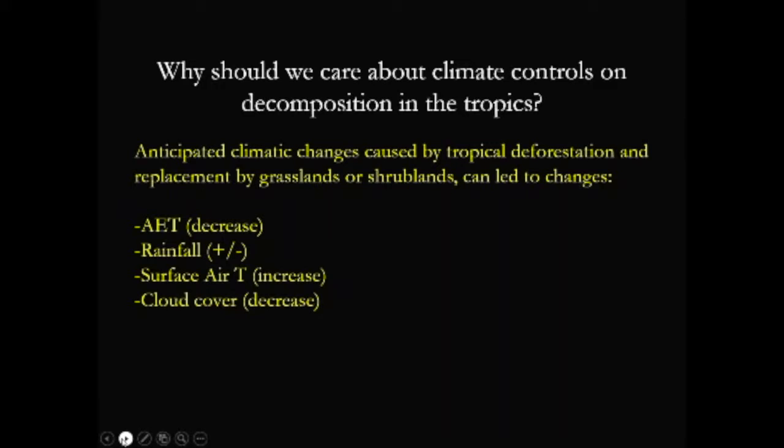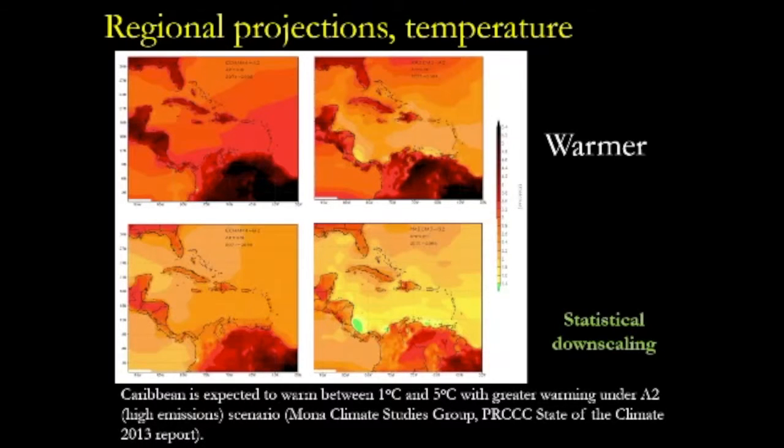If we look at the regional projections in terms of temperatures, using statistical downscaling, these are methods where we look at more refined projections. For the Caribbean, the region is expected to get warmer by between 1 to 5 degrees Celsius, depending on where you are in the region, and also depending on the scenario that you're using.